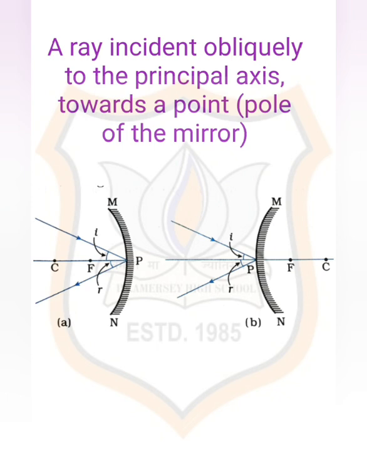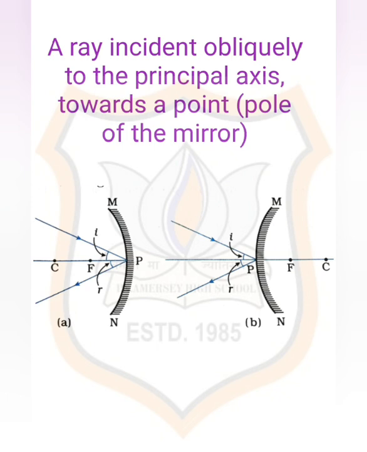Last case, when a ray of light is incident obliquely to the principal axis towards the pole P on the spherical mirror, either concave or convex. So observe both the diagrams carefully. When a ray is incident obliquely to the principal axis towards a point P, that is the pole of the mirror, on the concave mirror or a convex mirror, then rays are reflected obliquely again.